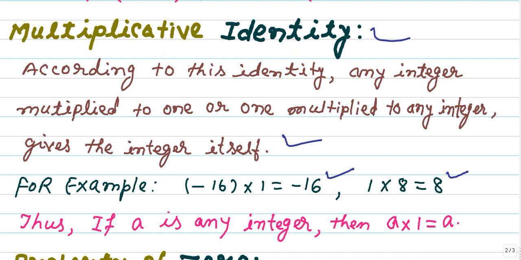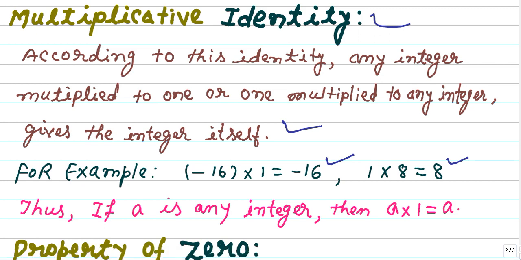So that is called the multiplicative identity. You know very well that 0 is the additive identity of integers and 1 is the multiplicative identity of integers. It is required to keep this in mind, my dear learners and my dear viewers.